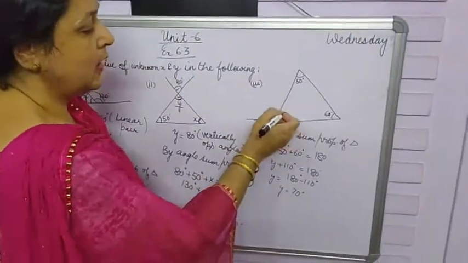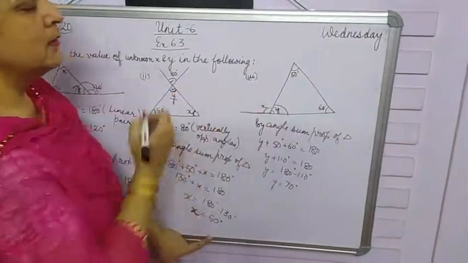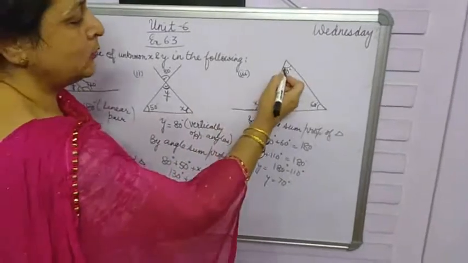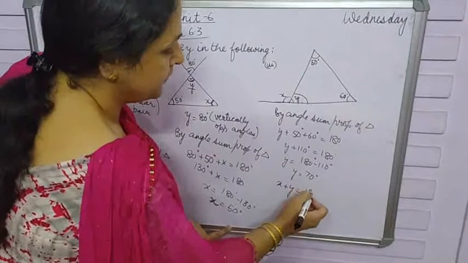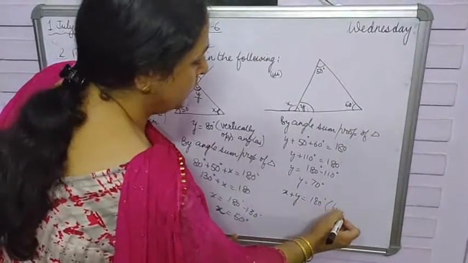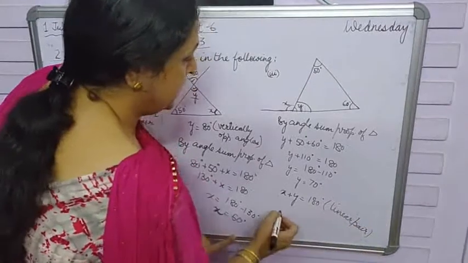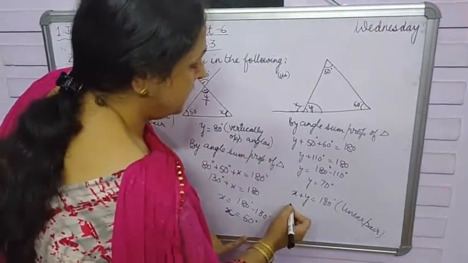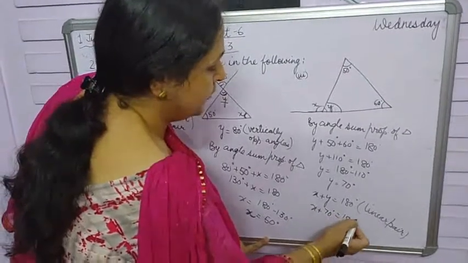Now y we have calculated. x can be calculated by the linear pair and it can also be calculated by the exterior angle property. It is your wish what you want to use. Now x plus y is equal to 180 because they are forming a linear pair. So y is 70, so x plus 70 degrees is equal to 180.